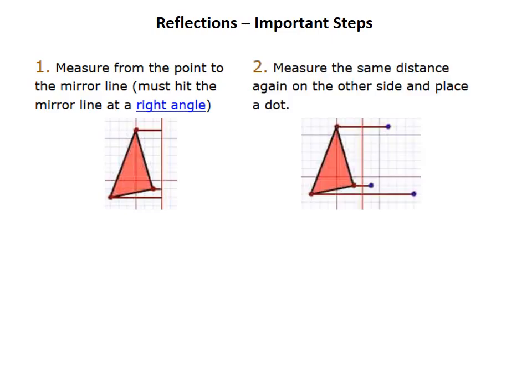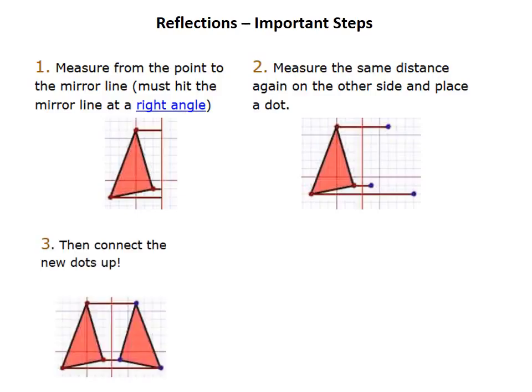Then measure the same distance again on the other side, and then we can put a dot. Therefore we know that that reflected point is at that place. Do it for all of your points. Connect up the new dots, and there you have your reflected shape.